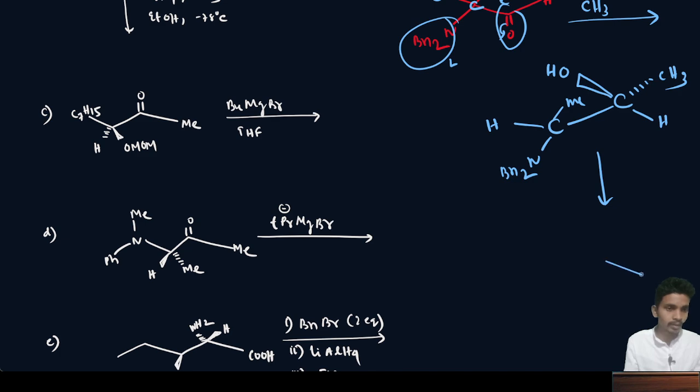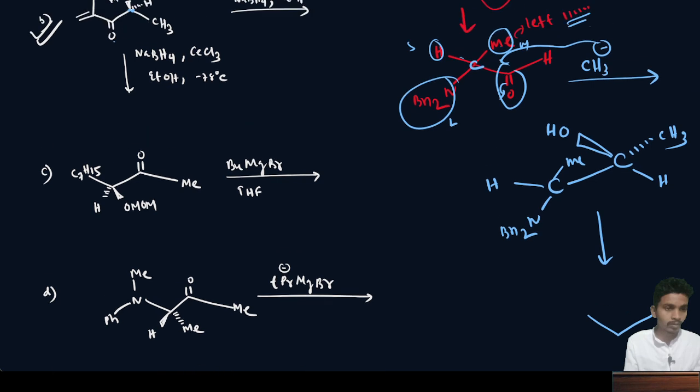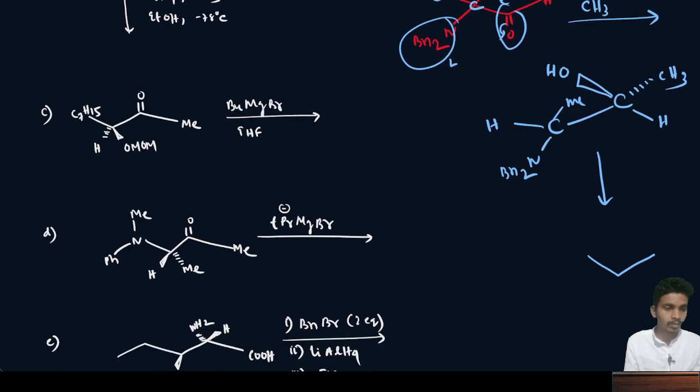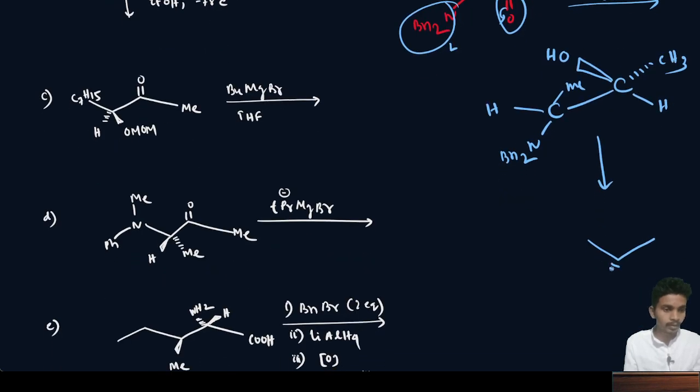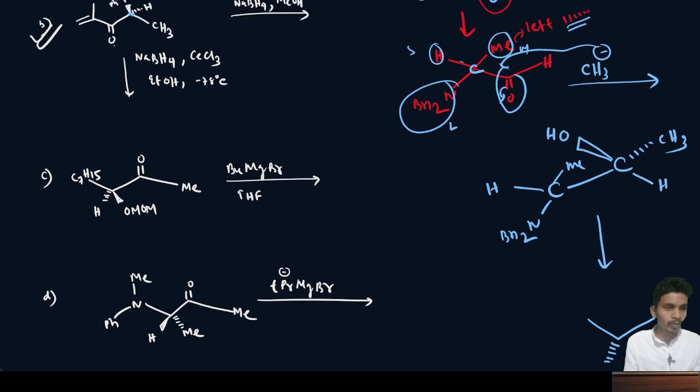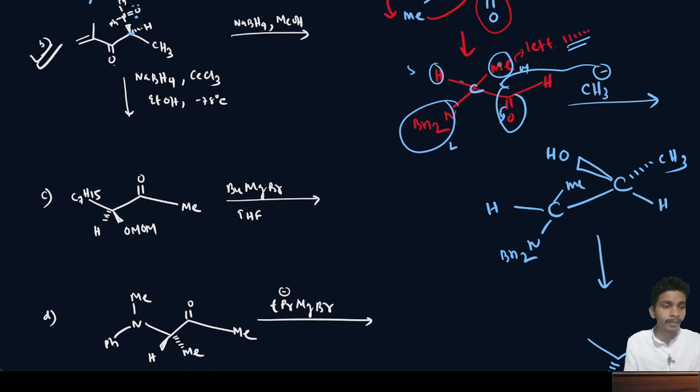I can write here. Okay, so here I will write CH3, because you attack from which side, this Me is on the left side, so attack on the left side as well. Okay, sorry, I did something wrong here.